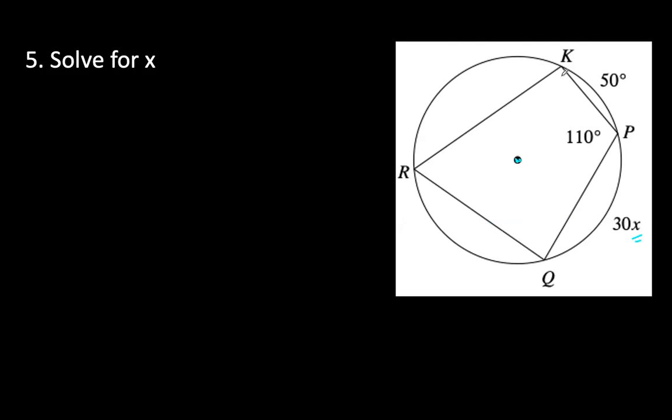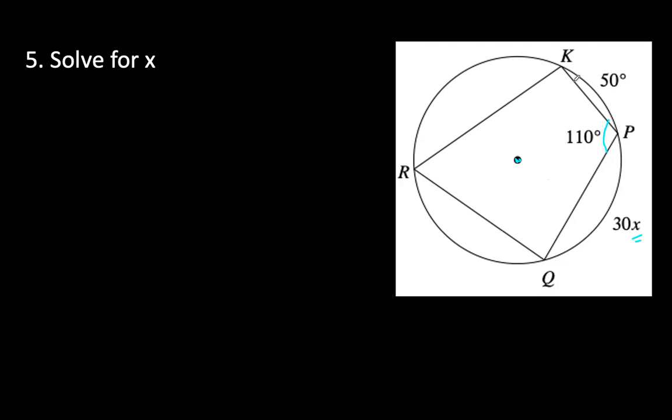In the quadrilateral, the angle KPQ is equal to 110 degrees, the measure of arc KP is 50, and arc PQ is 30x.